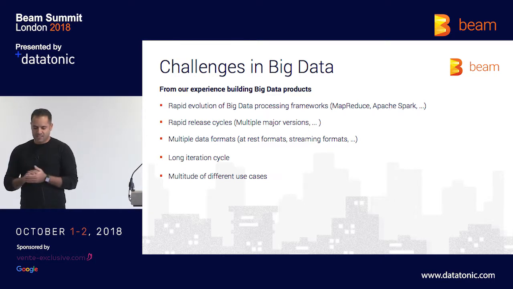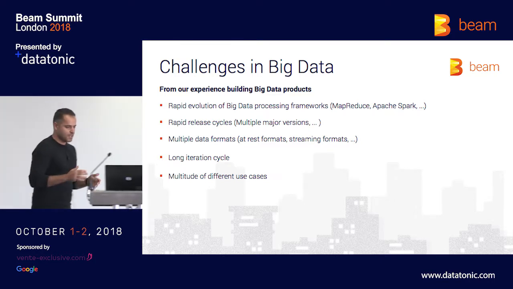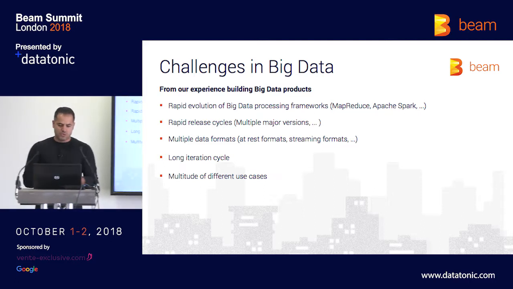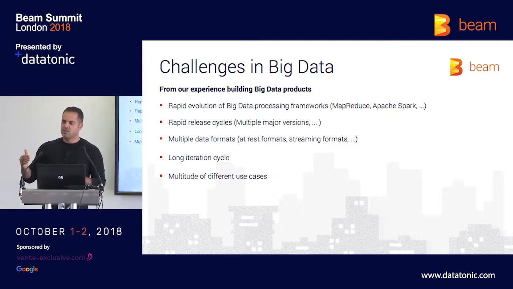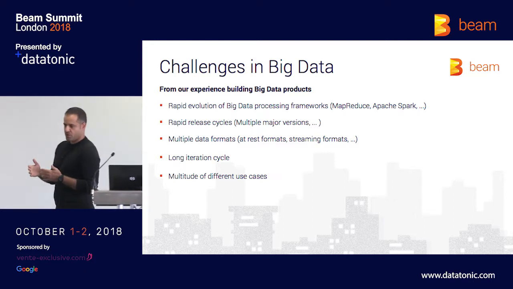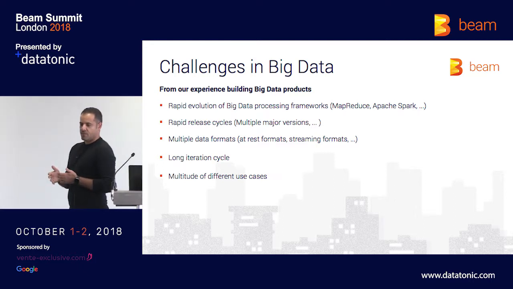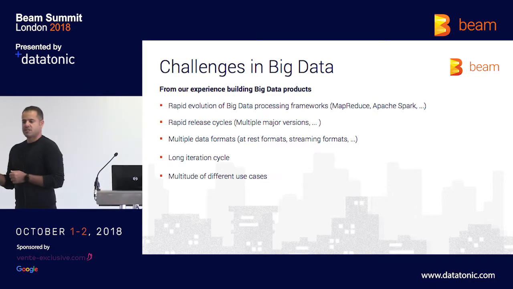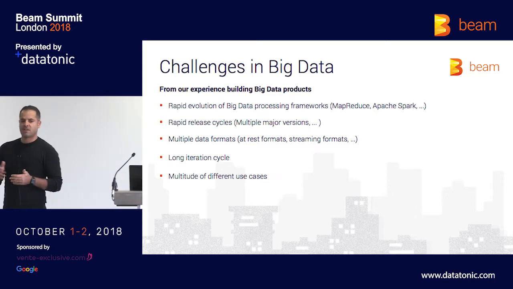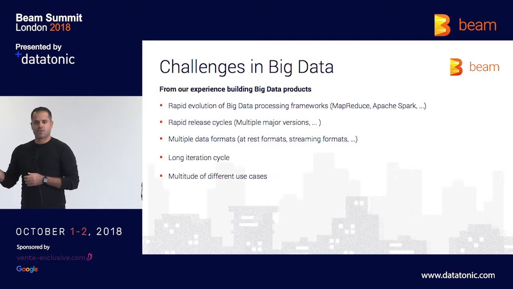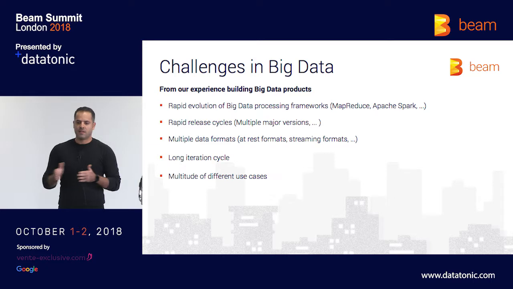So it's a really fast-changing landscape. We have to anticipate a lot of changes, even within a single framework. So once we settle on the framework choice, we've got the data formats. And we have all sorts of data formats, from the very simple, like flat files, CSV stuff, to more complicated or advanced formats, Parquet, Avro, and everything in between.